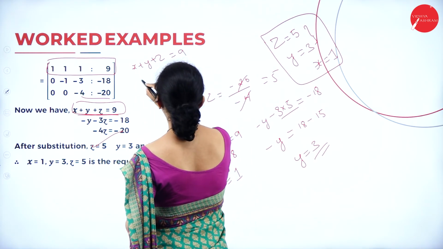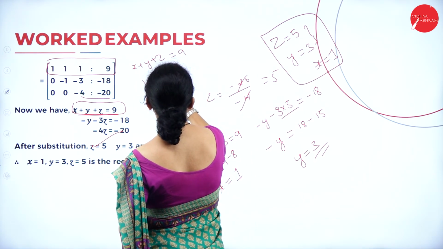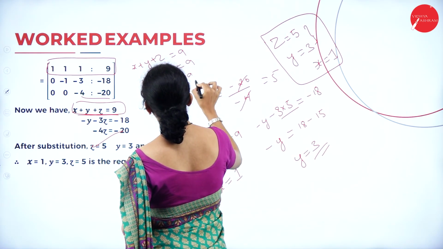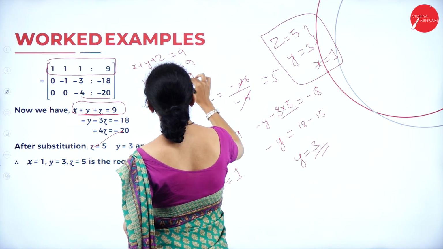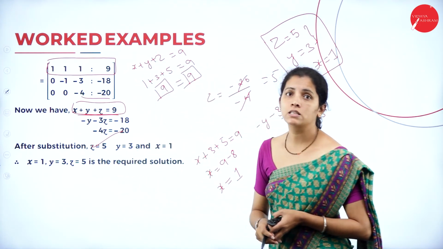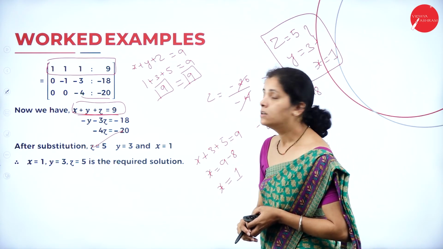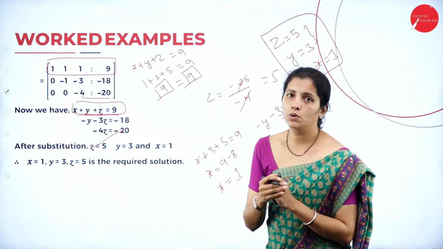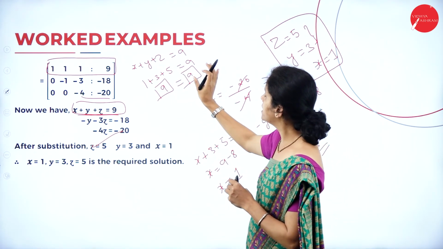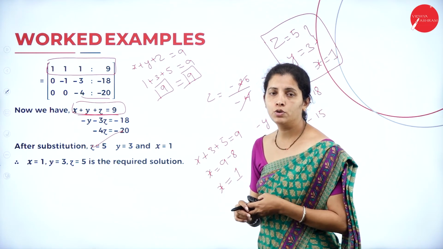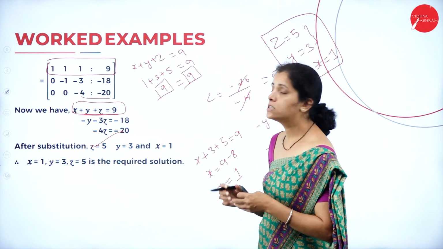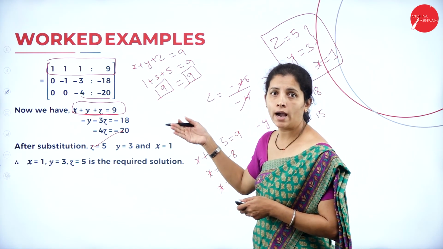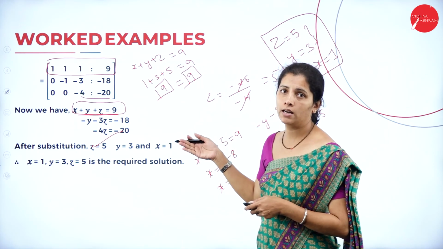So, x is 1, y is 3 and z is 5. It equals 9. So, 9 equals 9. So, whatever the x, y and z values I got, that is cross verified, and the values I got are correct, because here also I got 9 and here also I got 9. After substituting the 3 unknowns, I got the same answer.